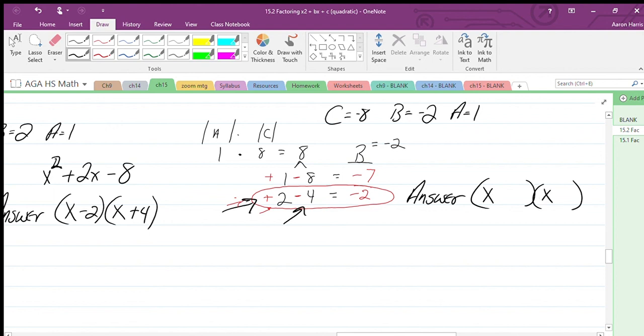X and X. Okay. What's my second term? A positive 2 and a negative 4. So x squared minus 2x minus 8 when factored is x plus 2, x minus 4. And that's how simple it is to get your answers. Once you find the factors and you know which factors are going to work, then all you have to do is write your binomial times binomial.